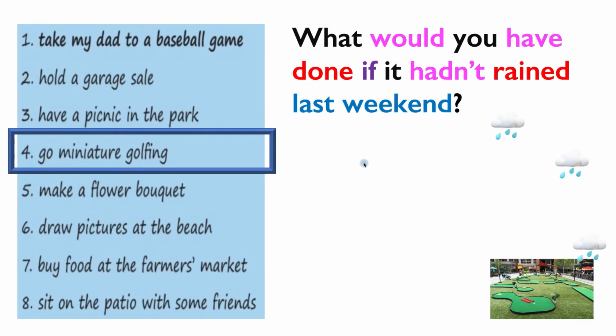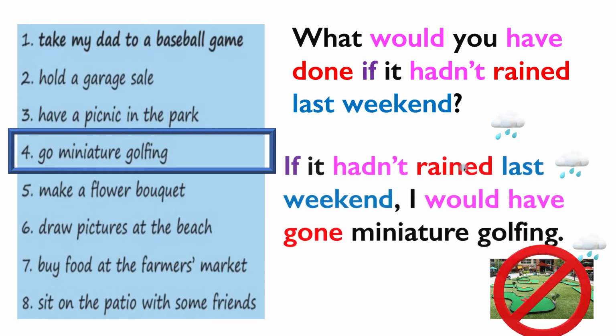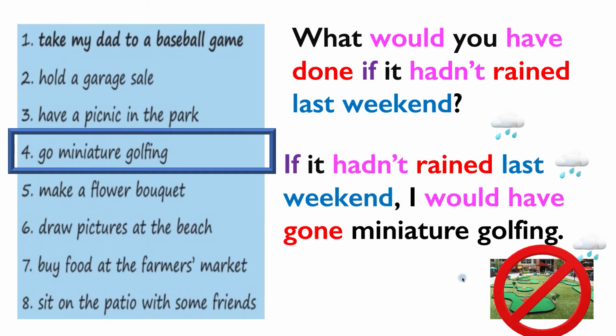What would you have done if it hadn't rained last weekend? If it hadn't rained last weekend, I would have gone miniature golfing. Here, golfing becomes a gerund, which is something for a different grammar day. Good. So those are the questions.